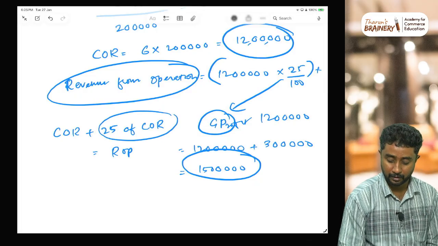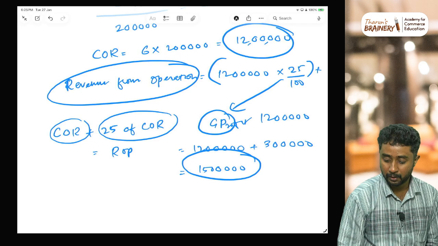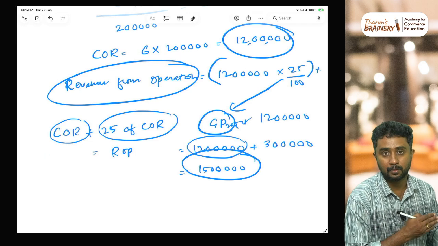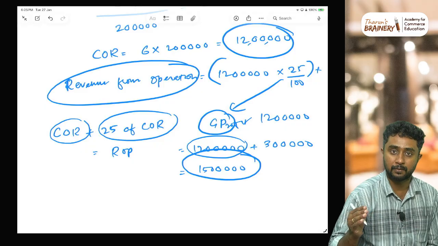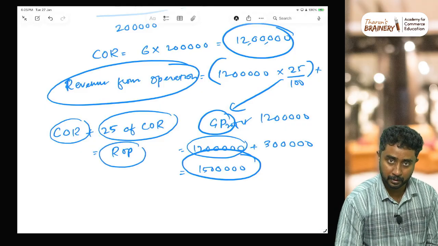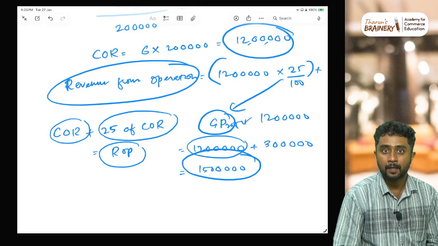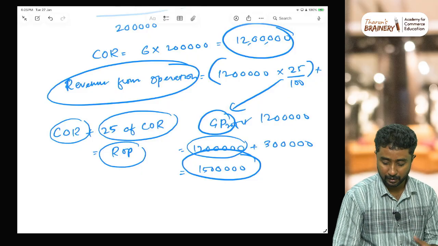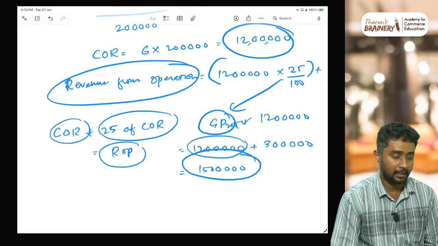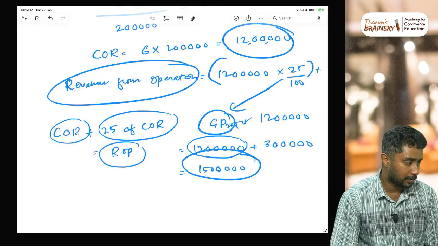Cost of revenue only. We already found cost of revenue is 12 lakhs. So 25% of 12 lakh we have to add again, then only you will get the sales value. Revenue from operations is nothing but sales. So 25% of cost of revenue is 3 lakhs, and we get 15 lakhs as the value for that.